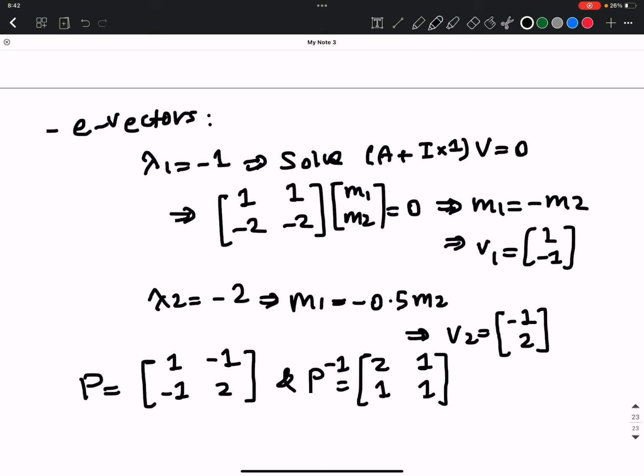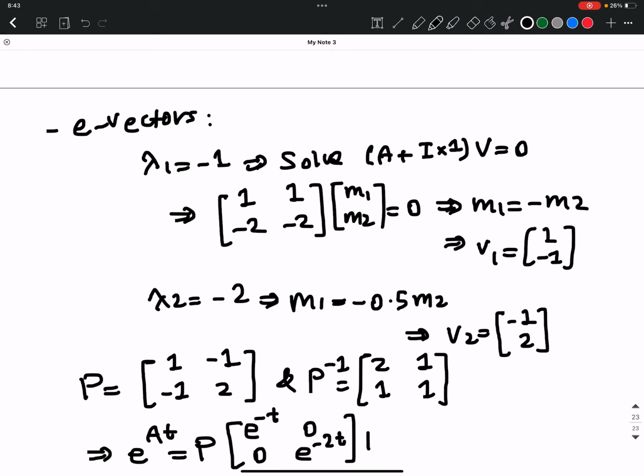Based on this, I can calculate the e to the A t matrix, which is basically P times the diagonal matrix with e to the minus 1t, because this is my first lambda t, 0, 0, and my second eigenvalue is minus 2, times P to the minus 1.